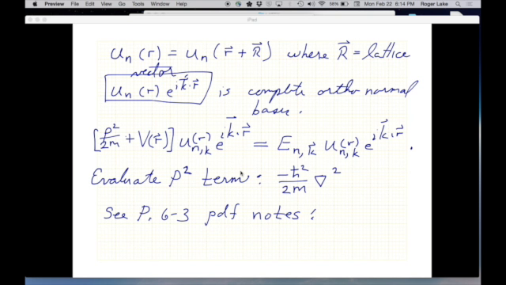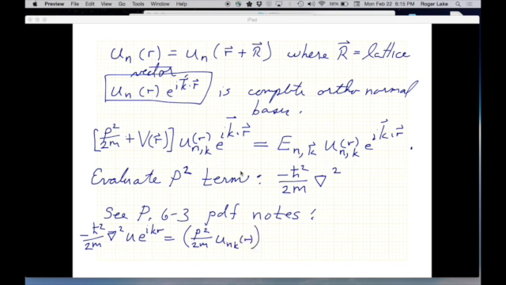And what do we finally get? We finally get that p squared, that is minus h bar squared over 2m grad squared, acting on u e to the i k dot r is equal to p squared over 2m acting only on u.